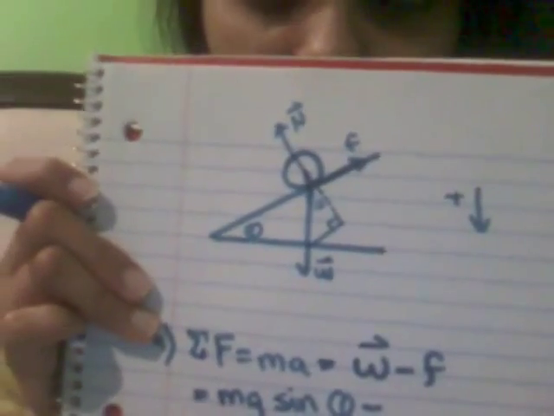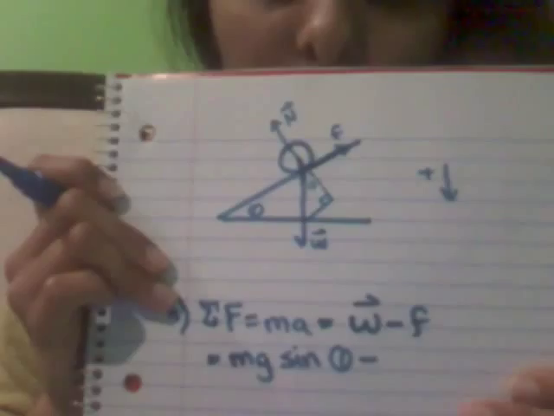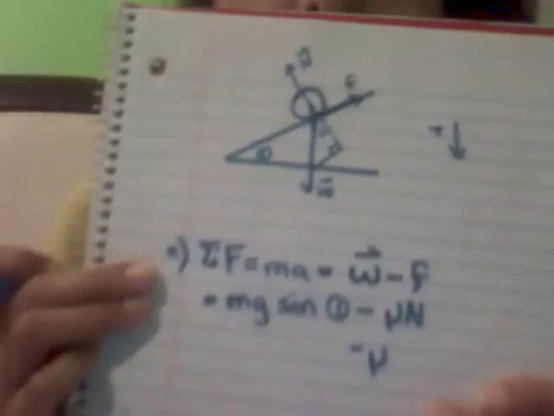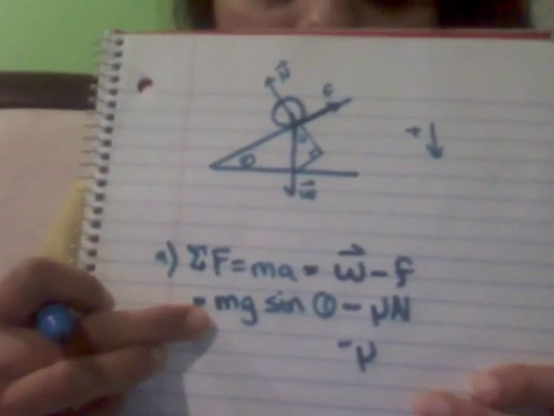And so we have mg sine theta minus the friction force, which is equal to mu times the normal force. But again we only want the perpendicular component, so the normal force is mg cosine theta.